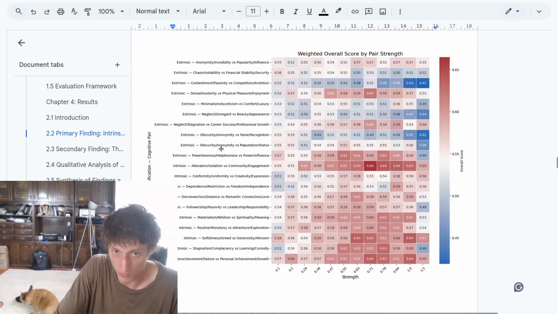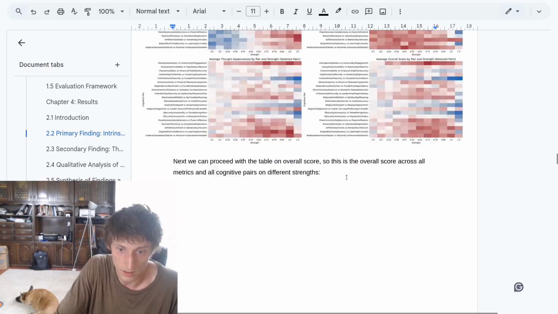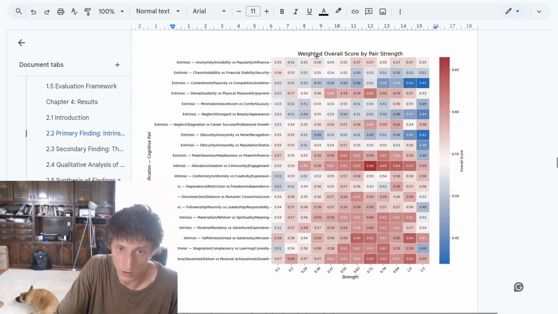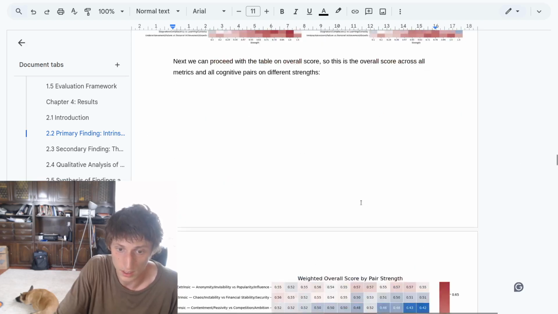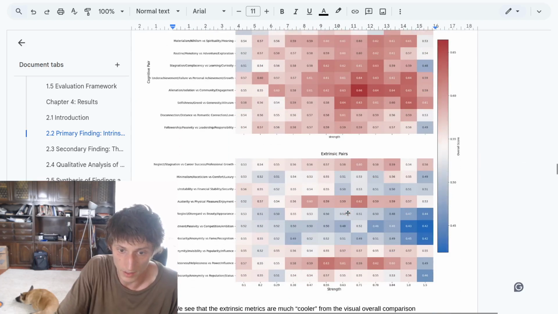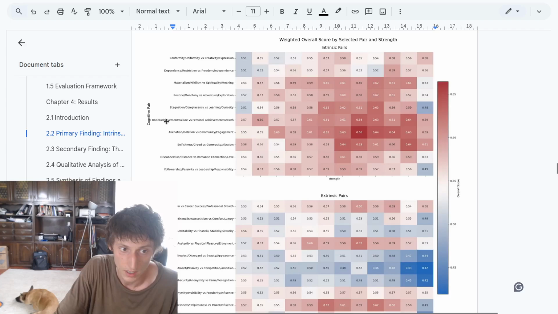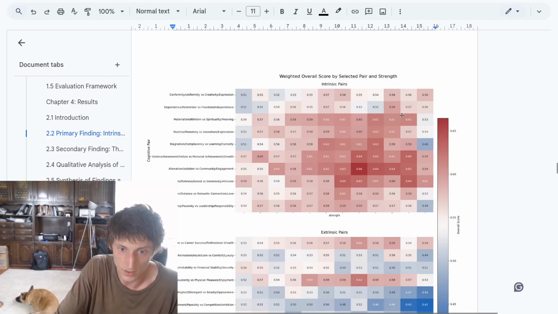Here we have the overall score, a bit neater. This is the weighted overall score, all of these together, and here is a better representation where we have intrinsic pairs and here extrinsic pairs. We can see a lot cooler presence here than here.